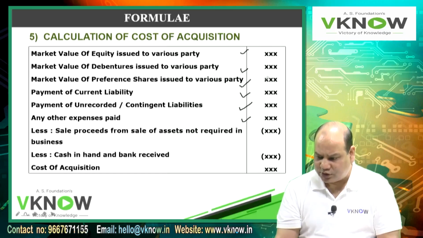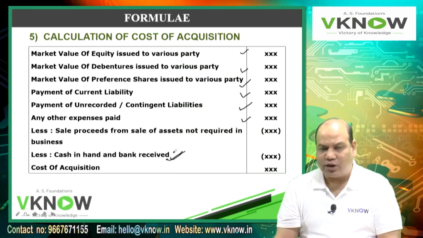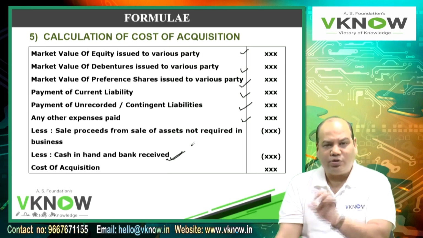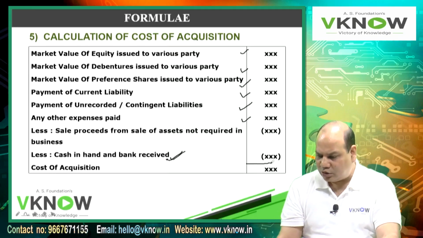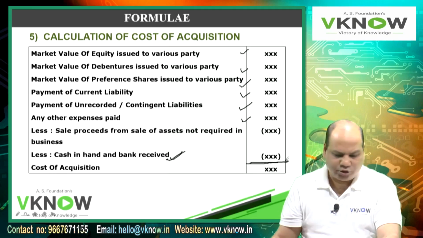So these first 6 items you will add, minus sale proceeds from sale of asset not required, minus cash in hand and cash at bank received. This may not be mentioned in the adjustment, but if cash and bank is appearing in the balance sheet of the target company, you will deduct it, and the net amount is called net cost of acquisition.